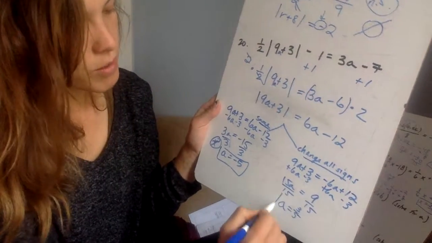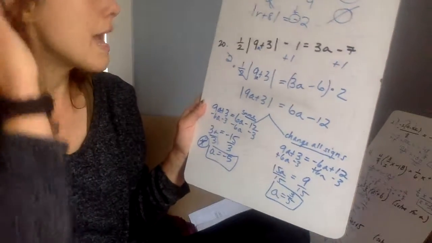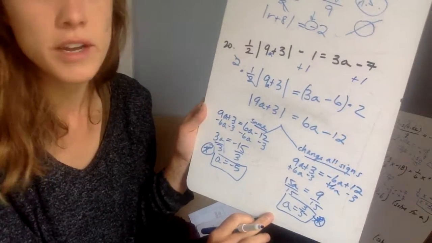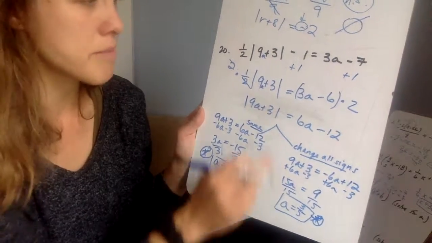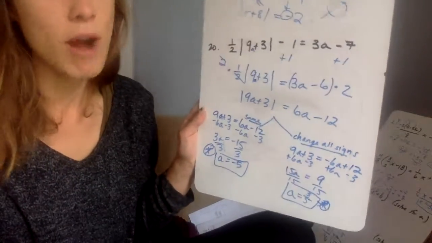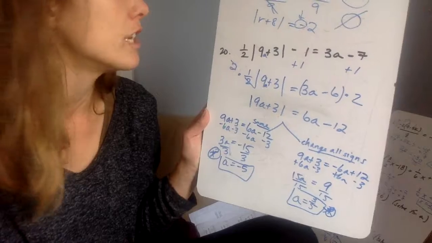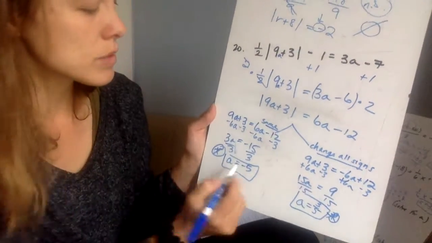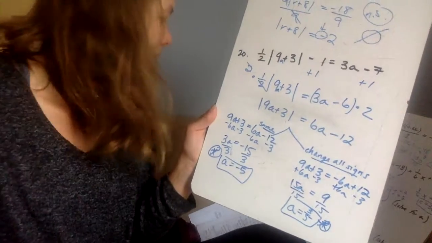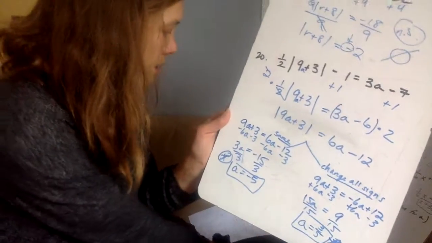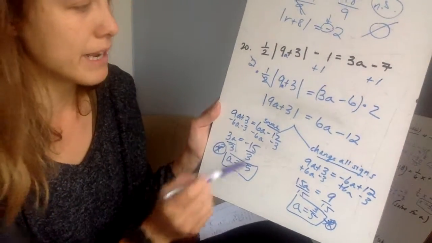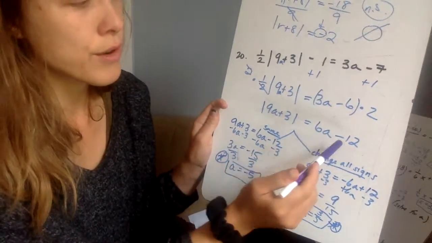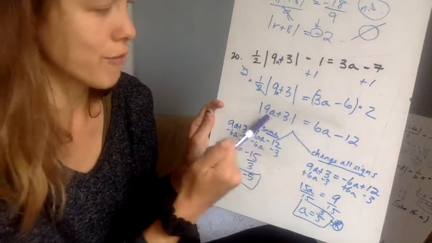And what we didn't do during class time is check and see if these answers work. We didn't plug them back in to see if they satisfy the problem. If you notice on the answer sheet for number 20, it says no solution. That's because when I plug negative 5 back into this problem, for a here, I would get negative 30 minus 12, which equals negative 42.